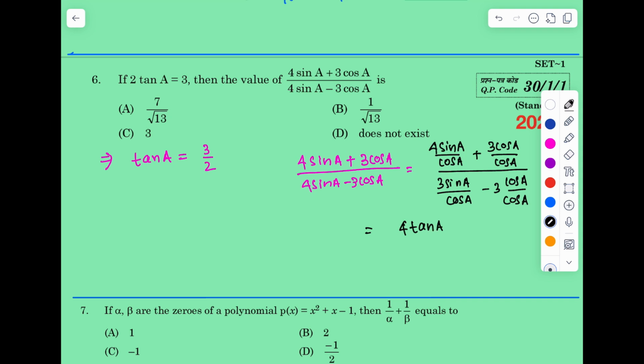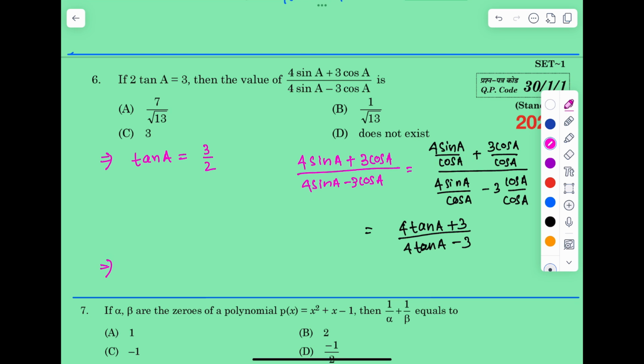We will get 4 sin A by cos A plus 3 cos A by cos A, divided by 4 sin A by cos A minus 3 cos A by cos A, which is equal to 4 tan A plus 3 divided by 4 tan A minus 3.